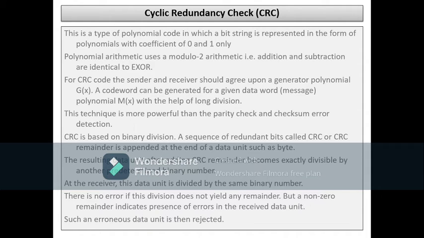This technique is more powerful than the parity check and checksum error detection. CRC is based on binary division. A sequence of redundant bits, called the CRC or CRC remainder, is appended at the end of a data unit such as a byte. At the receiver, this data unit is divided by the same binary number.